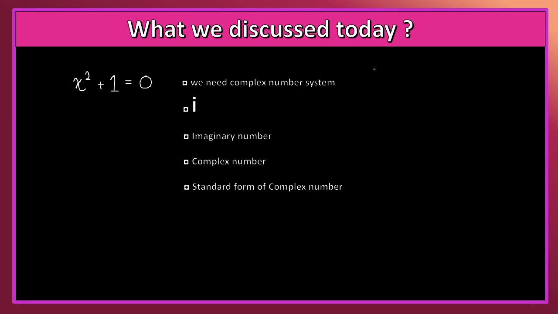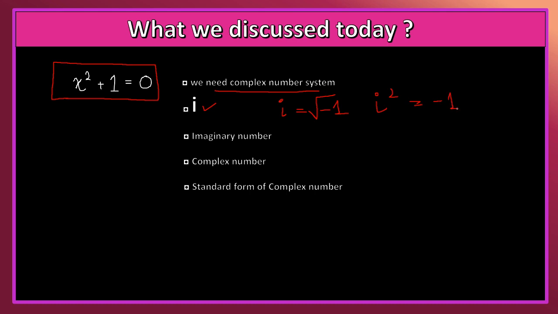So what we have discussed today is the introduction part of complex numbers. We saw that the equation x squared plus 1 equals 0 cannot be solved with real values of x, so we need the complex number system. We saw what i is: i equals root of minus 1 and i squared equals minus 1.